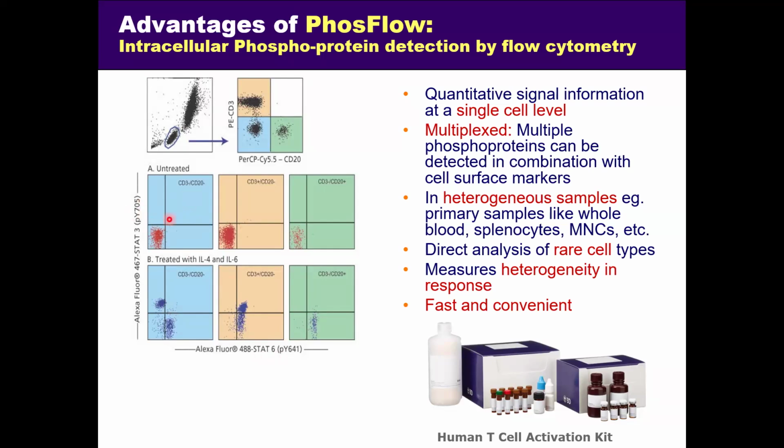This is your CD3 positive, this is your CD20, that is the B cell, and your T cell. So STAT3 is getting activated in your T cells, and STAT6 is getting activated in your T cells.